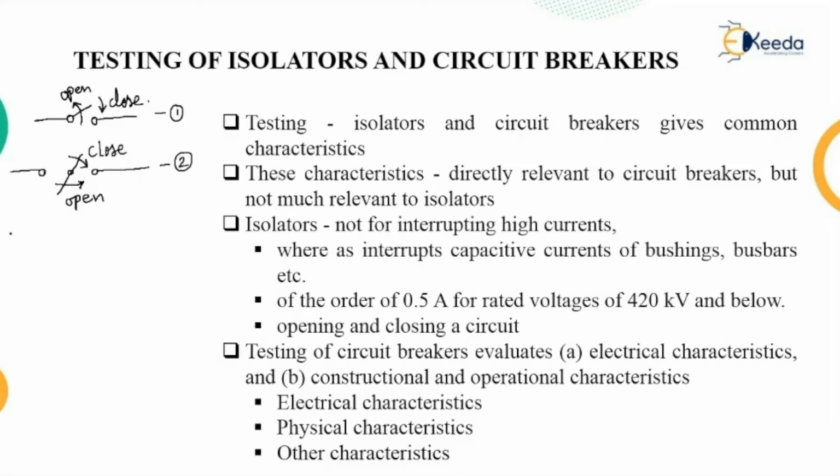If I compare it with the circuit breaker, the different types of circuit breakers are represented in this manner. This is the symbolic representation of a circuit breaker. A circuit breaker is also a switch.